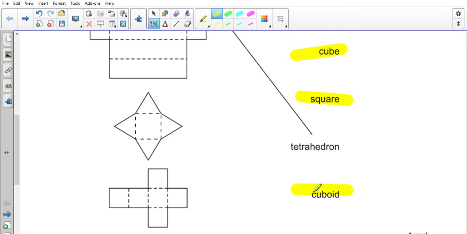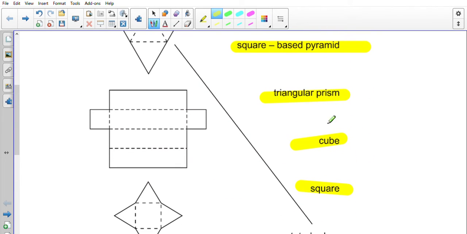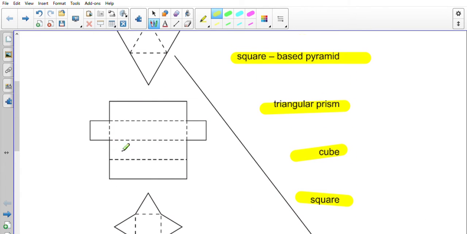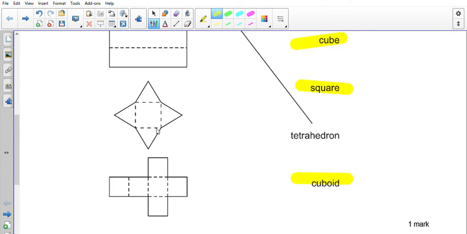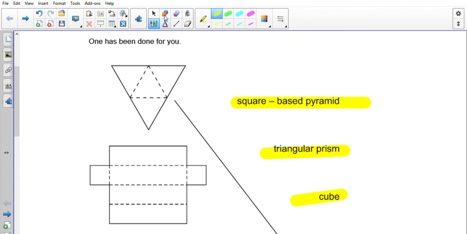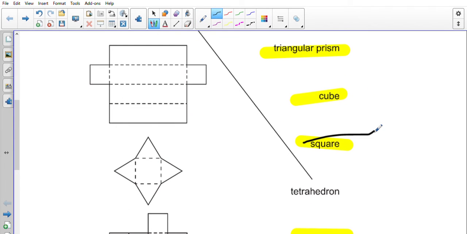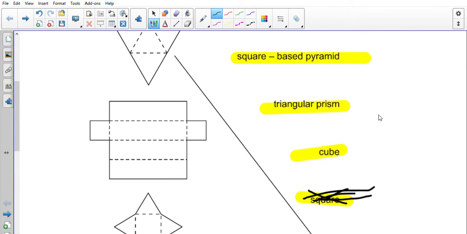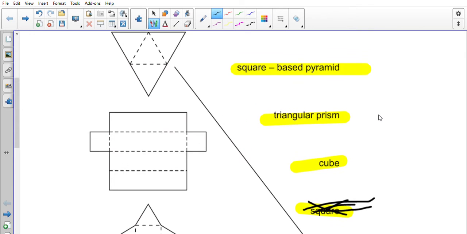Okay, so of my 1, 2, 3, 4, 5, which I still have to match, I only have 3 here. Which means that 2 of them are not going to be correct. So it means we can discount some of them. One of them you should be able to discount immediately, because it's not a 3D shape. Okay, so we have a cube, a cuboid, a triangular prism, and a square-based pyramid.